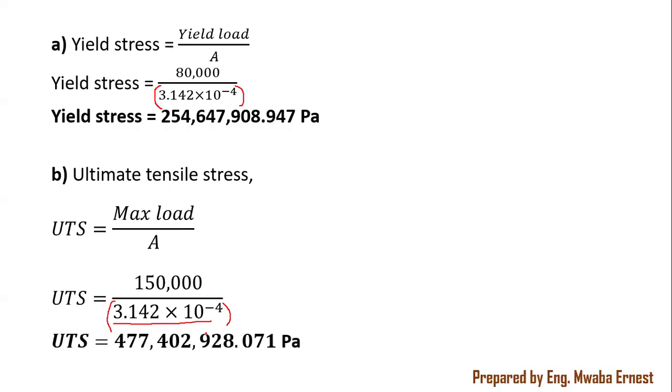You're going to find that our UTS is 477,408,928.071 pascals. Being the UTS means that there's no other stress that is supposed to surpass this one. This is supposed to be the greatest stress, and it's only gotten when you're testing a material to destruction, because only at one point will you be able to find this value.